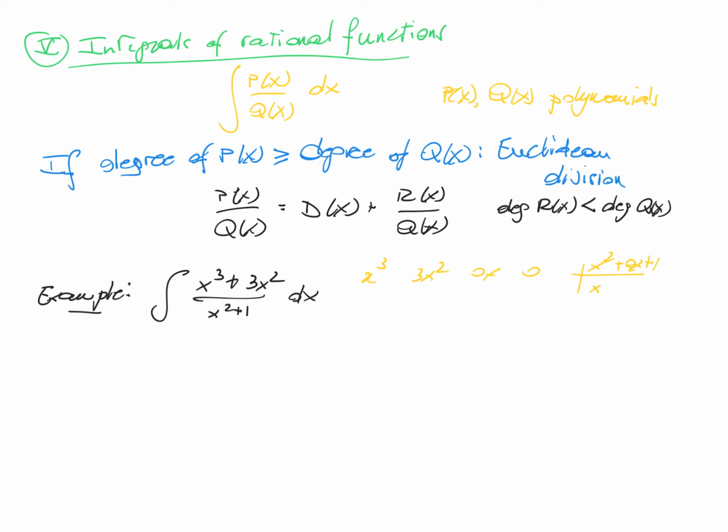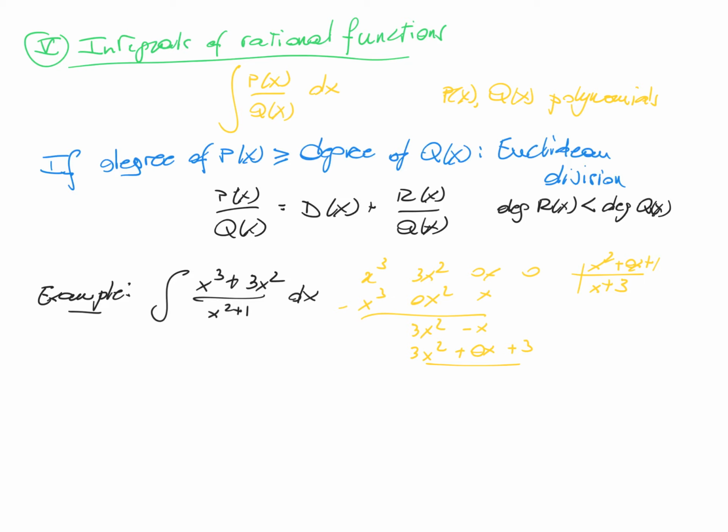Here we have x times, this gives me x^3, 0x^2, and x. We subtract, so this gives me 3x^2 minus x. Here in 3x^2, x^2 goes 3 times, so this gives me plus 3. 3 times q(x) gives me then 3x^2 plus 0x plus 3.